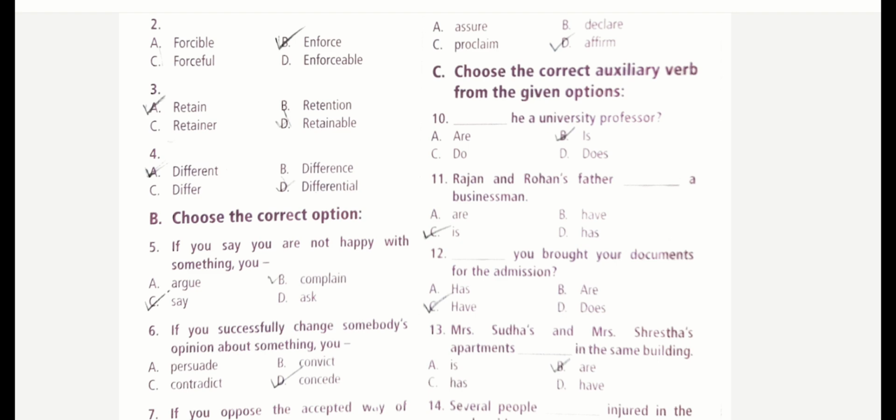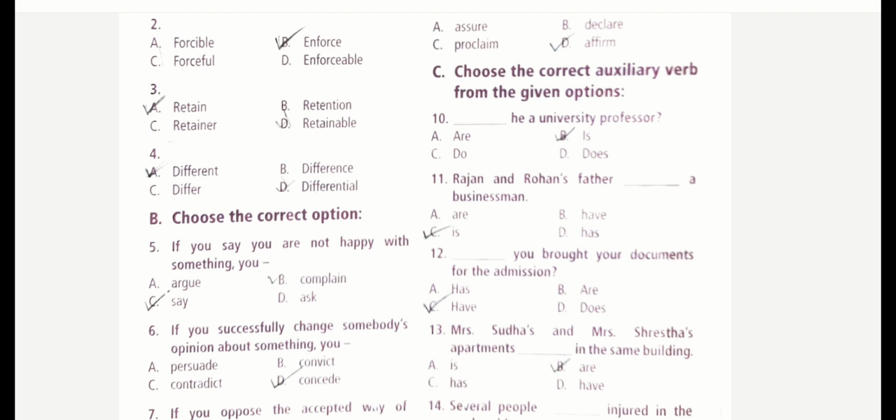11th question is, Rajan and Rohan's father dash a businessman. So the options are have, is, has. Okay, so here Rajan and Rohan's father is a singular subject. It refers to a single person, Rajan and Rohan's father.